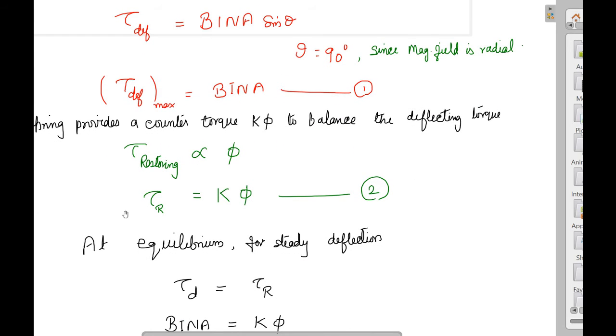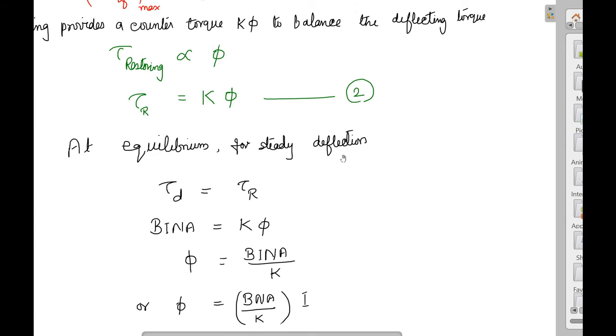Hence, the deflecting torque is equal to the restoring torque at equilibrium, and the restoring torque is always proportional to the angle turned by the coil, or restoring torque equals Kφ. So in order to produce a steady deflection, we say the equilibrium.